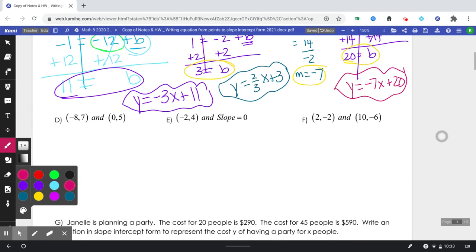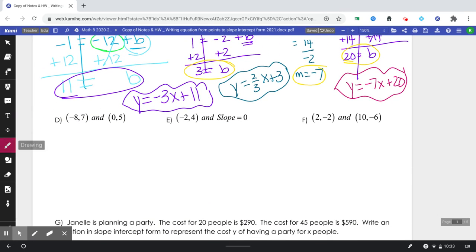Okay, let's do another one. Okay, letter D. So this is just like the last one. I have 2 points, so I'm going to go through all 3 steps. So step 1, I need to find the slope. So I'm going to use my formula, y2 minus y1 over x2 minus x1. So I'm going to label my points.